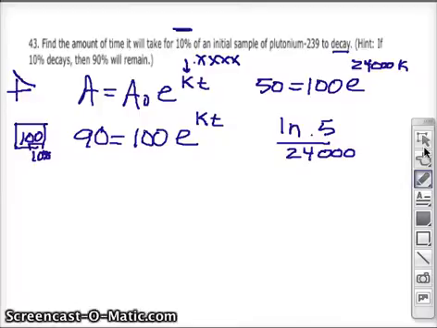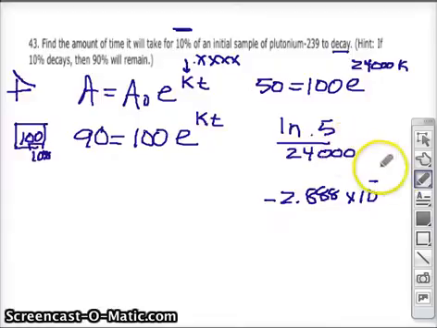And that is a very small number. That number is negative 2.888 times 10 to the negative what? Well, count the zeros and add 1. 4 zeros, negative 5. Okay, now we know k.